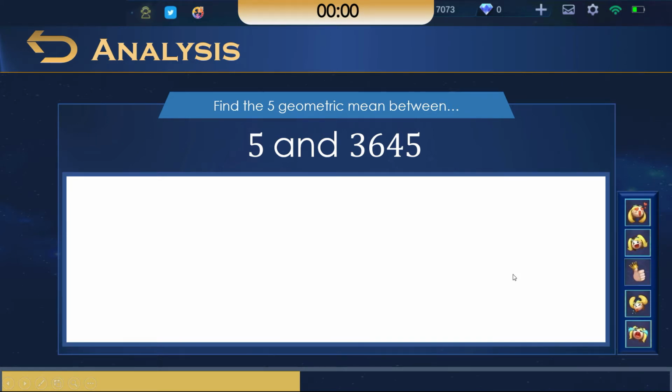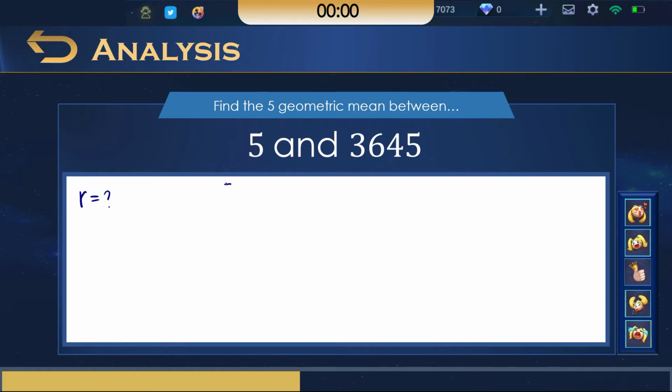Okay, so in this part, if you're going to look for the geometric means of these two terms that we have, 5 and 3,645, specifically 5 geometric means, the first thing that we need to do is look for the r, or what we call the common ratio. So let us first rewrite what we have now on the sequence.